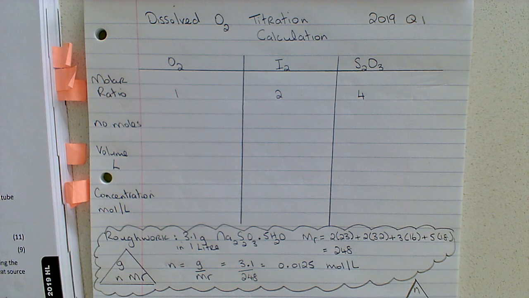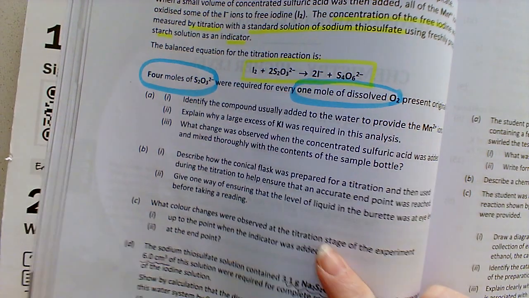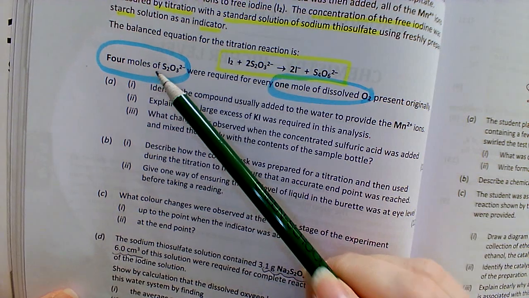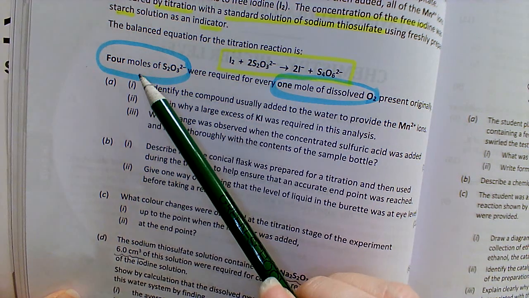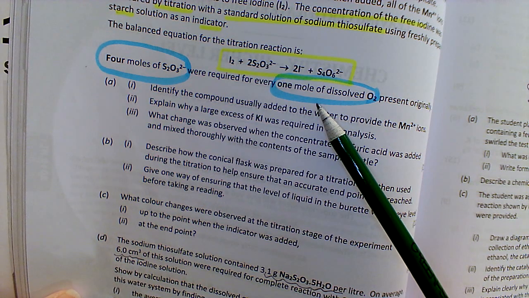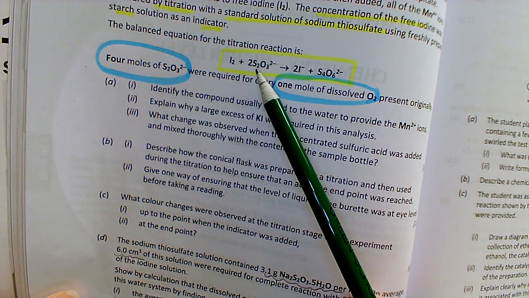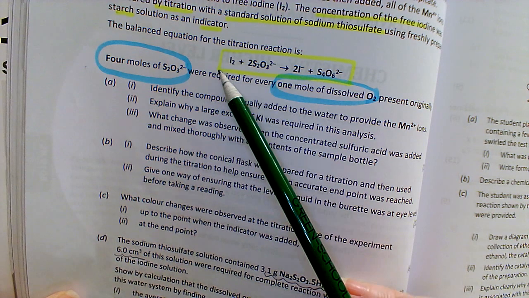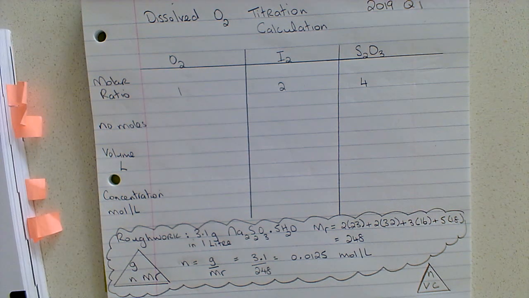We were told in the question that the molar ratio between the thiosulfate and oxygen was 4:1. So we have 4 times the number of moles of sodium thiosulfate for every 1 mole of oxygen. And we're also told in this titration reaction that we have double the amount of thiosulfate than we do free iodine, I2. So let's write that into our table.